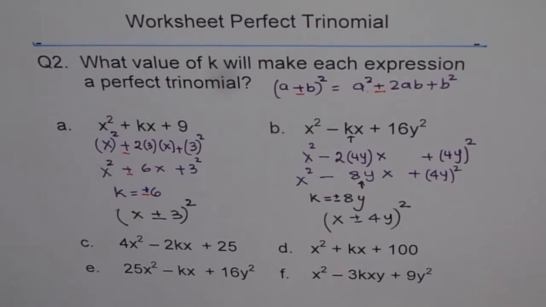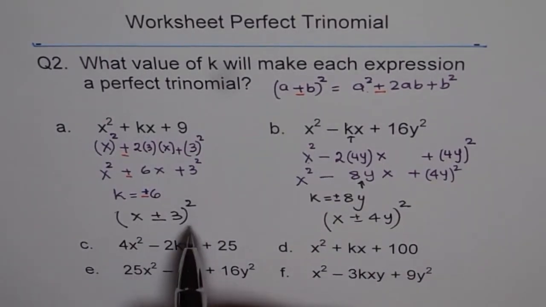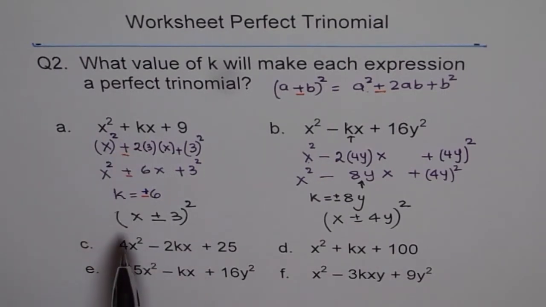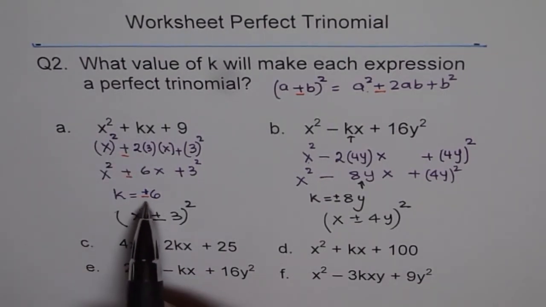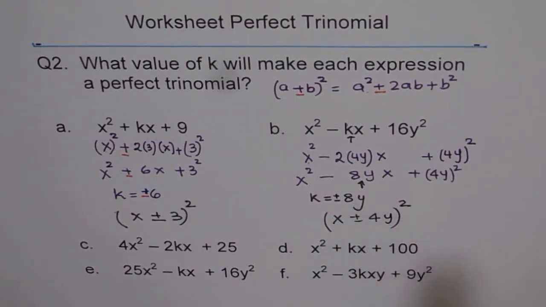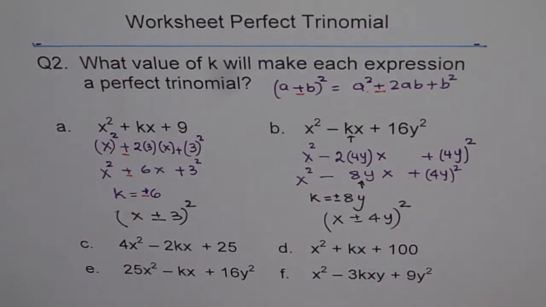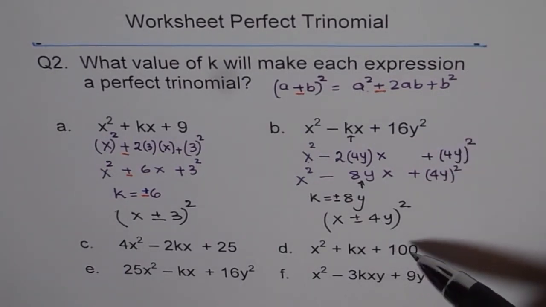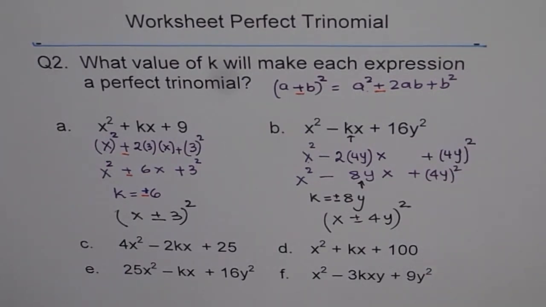Do you get it? As an exercise, what you can do is, you can expand these and then compare the value of k, right? Do you get plus minus 6 here and plus minus 8y? You will. And that will ensure you that yes, it is the right answer. So follow this strategy and do these 4 questions on your own. Enjoy and perfect the perfect trinomials.